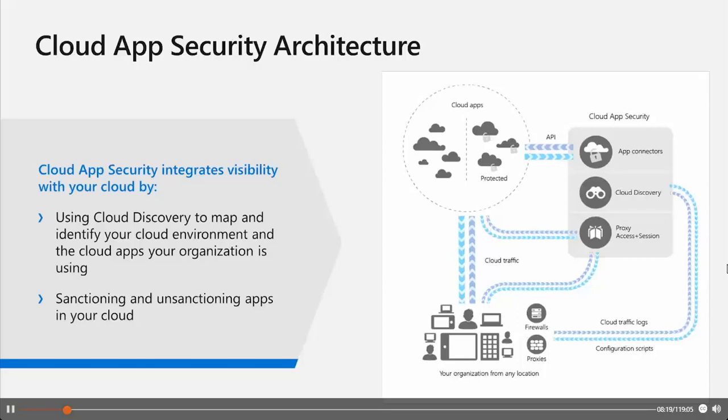The other main concept is sanctioning and unsanctioning of an app. You can use Cloud App Security to sanction or unsanction apps in your organization by using the cloud app catalog. You can use the cloud app catalog to rate the risk for your cloud apps based on, for example, regulatory certifications, industry standards or best practices.